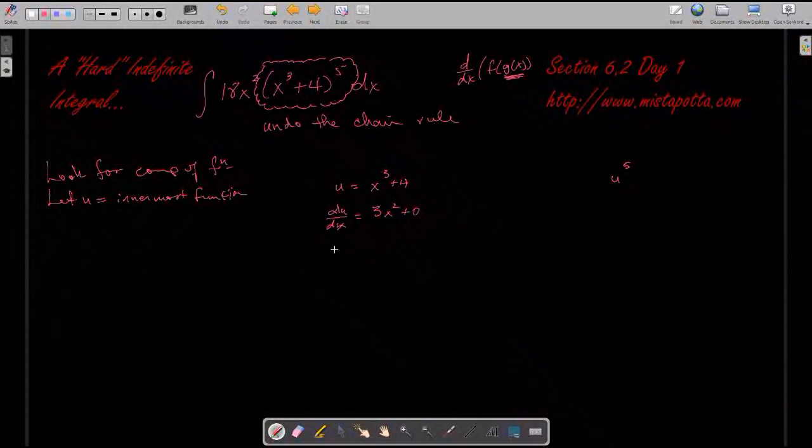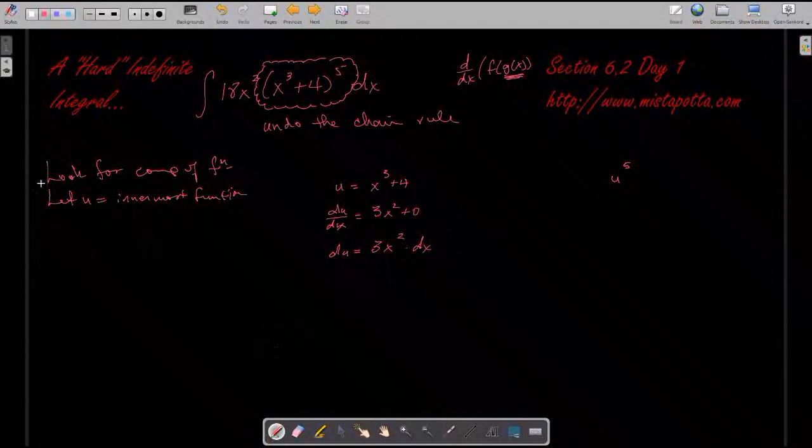And so what this means is if I want to take an antiderivative, I need something to indicate my independent variable is not x anymore, but instead is u. So I need to know what the differential du is equal to. And my differential du is equal to 3x squared dx.